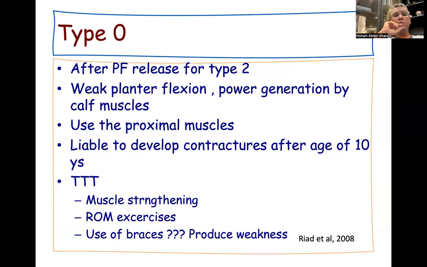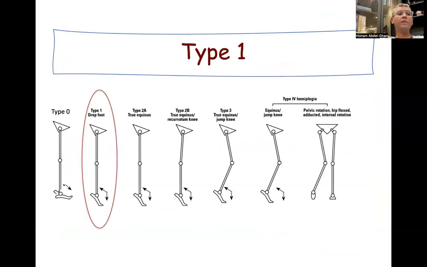So as long as we can, we shouldn't use braces in these children and leave them, and they will develop recurrence of the plantar flexor shortening, especially if they are young at the time of the first surgical release.